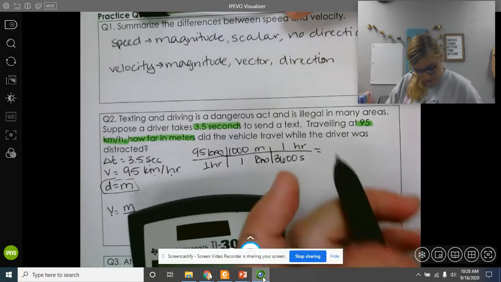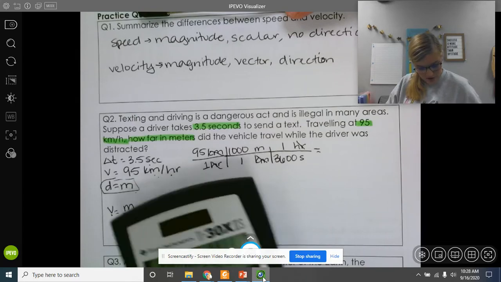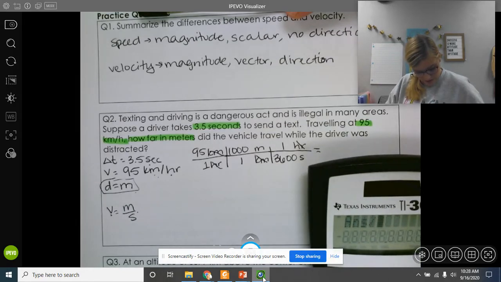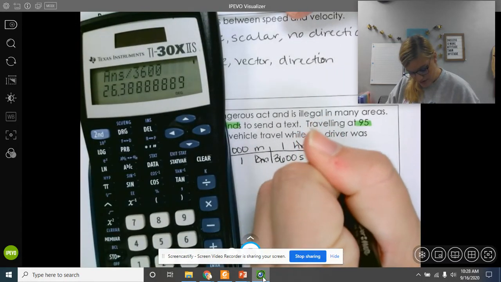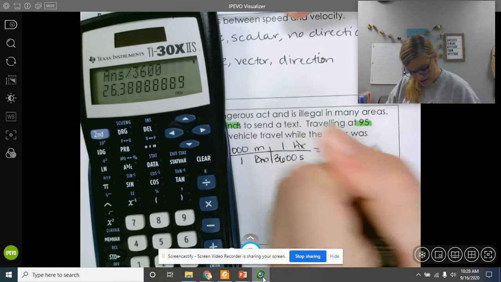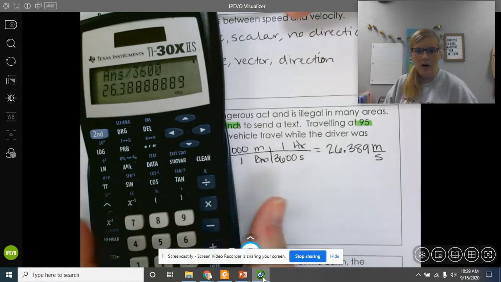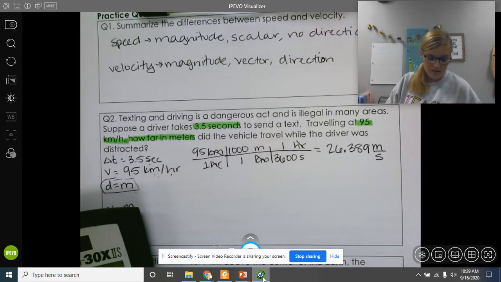So first I cancel out those, I'm going to multiply my numbers straight across, and then divide by my 3,600 on the bottom. So I am moving at 26.389 meters per second.